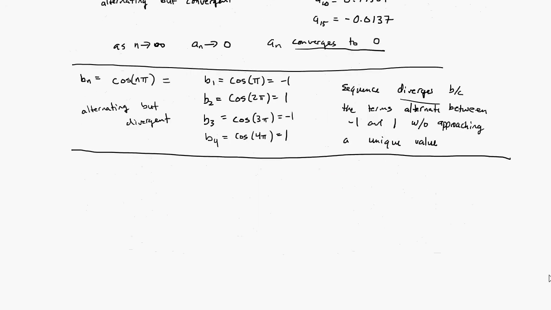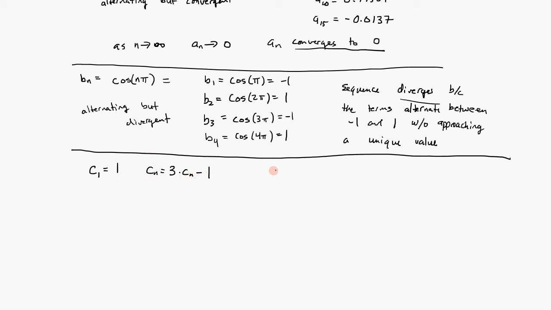And finally, we'll look at an example of a sequence that diverges because it keeps getting bigger and bigger. Let's take the sequence that we used before: c1 is equal to 1, and then cn is equal to 3 times c(n-1) minus 1.